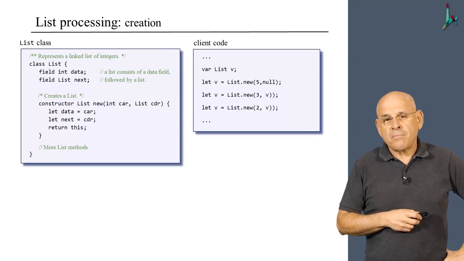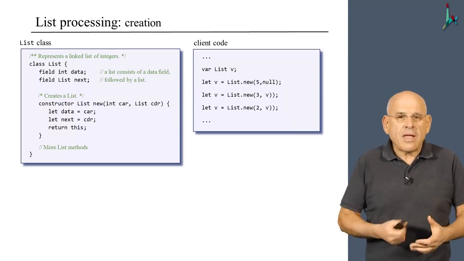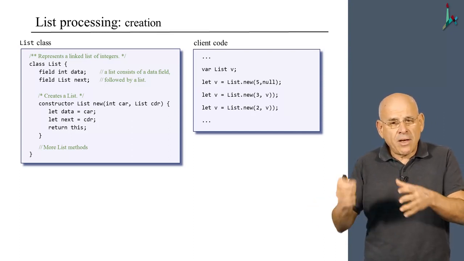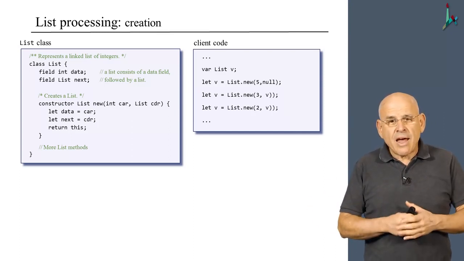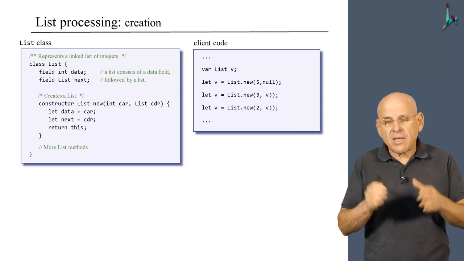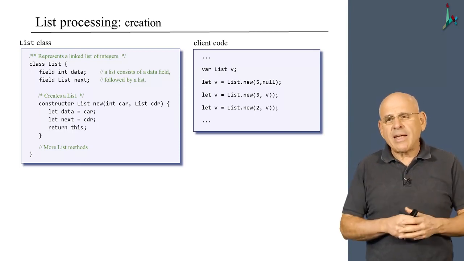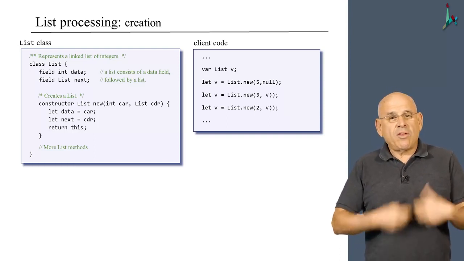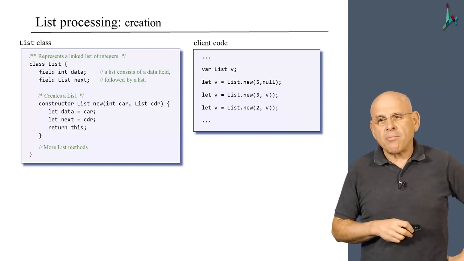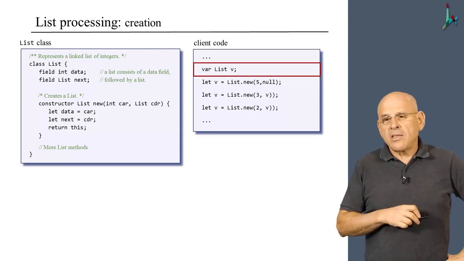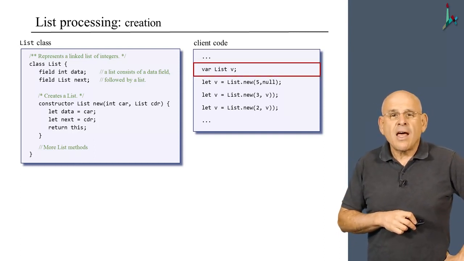We don't see it, right? But the constructor asks the memory system, the operating system, to come up with enough memory to represent this two-word block, car and cdr, or data and next. And then it returns the address of this block, as all constructors do. And that's it.